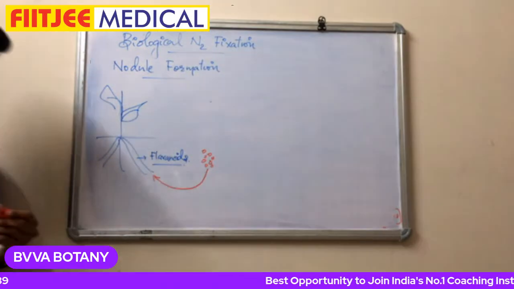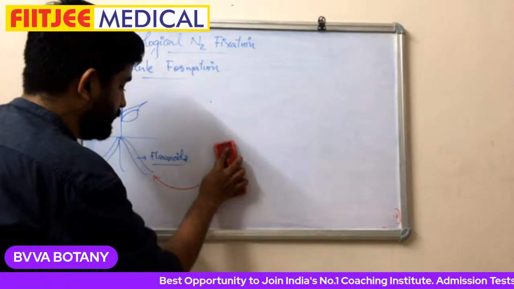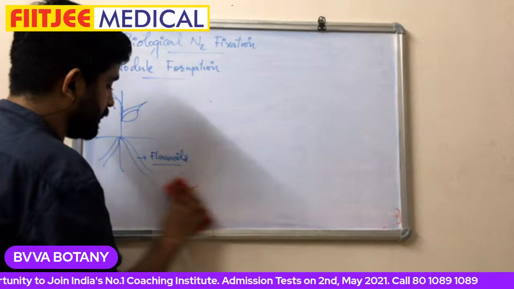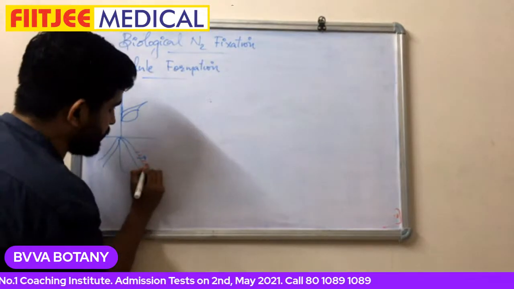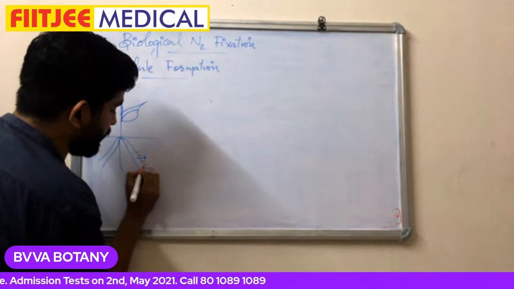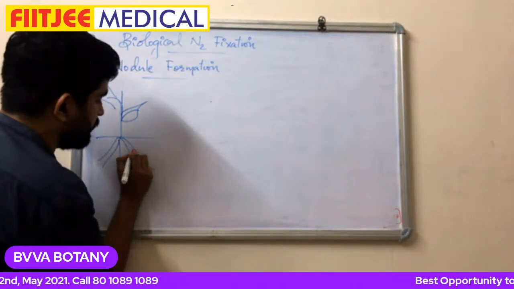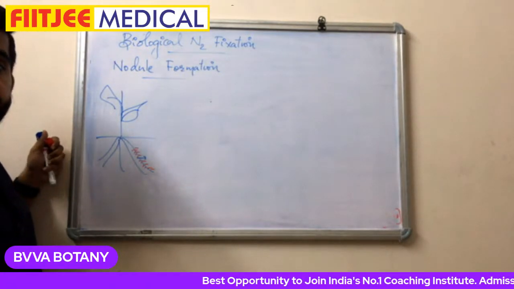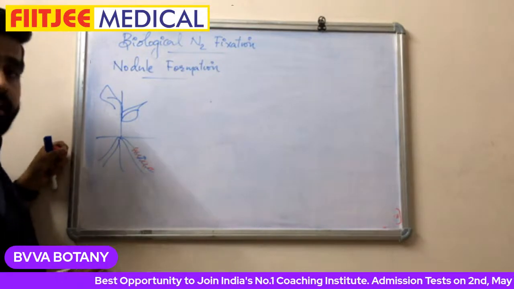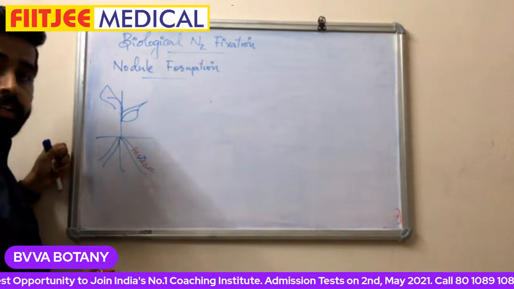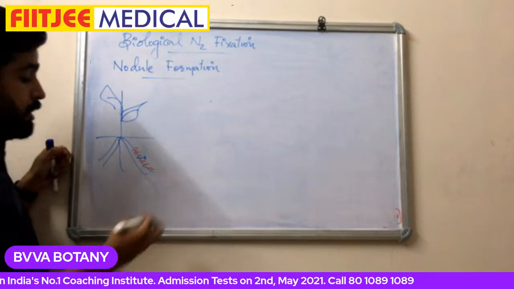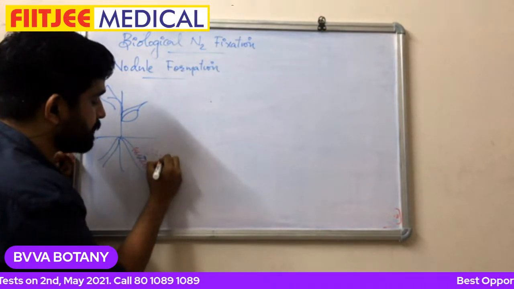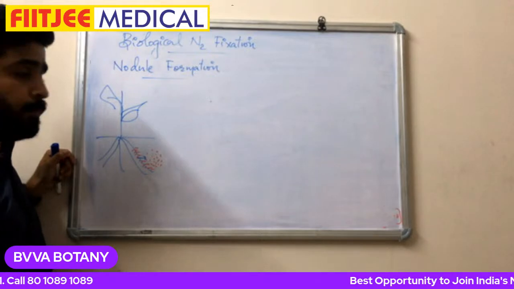Now what will happen? This microbe will colonize near the root. The root has tiny unicellular outgrowths. In the anatomy chapter, you studied the unicellular outgrowth which is a part of the epidermal tissue, the epidermal outgrowth. We call them the root hairs, which are unicellular in nature. So what will happen due to the colonization of the Rhizobium near the root?